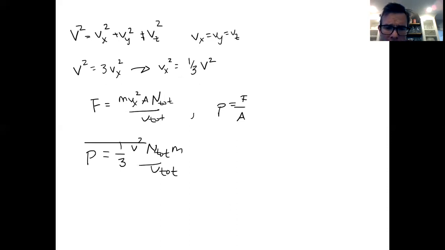And I'm going to recognize that N total, the number of molecules times the mass of one molecule, can be written in terms of the number of moles. So if I rearrange some things, I get 1/3 V squared n M, where this quantity is now the molar mass.